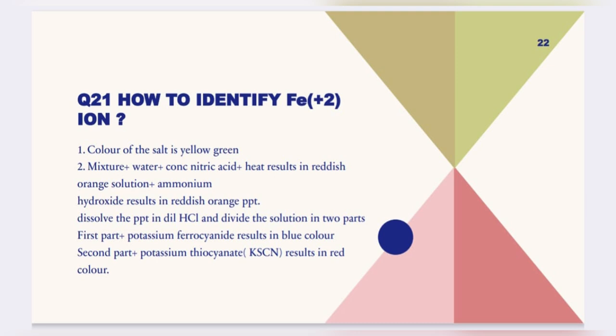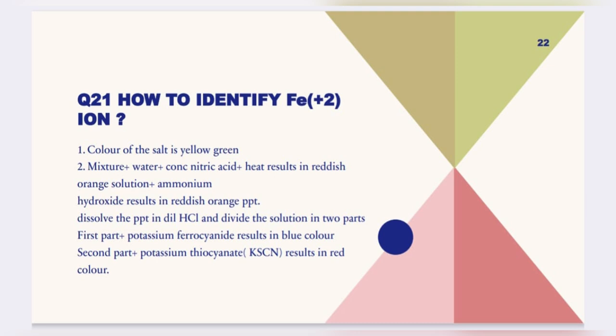So though these are the confirmatory tests of Fe3 plus, actually the salt contains Fe2 plus. We have oxidized it to the more stable state. So when you write the final result, please write in the cation section Fe2 plus, not Fe3 plus, because originally the salt contains Fe2 plus.